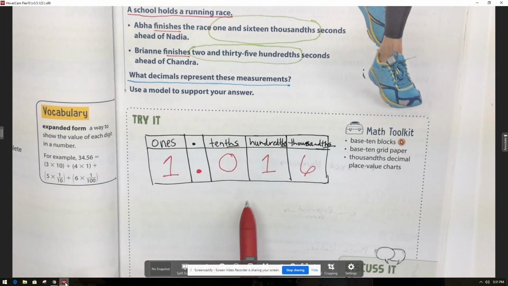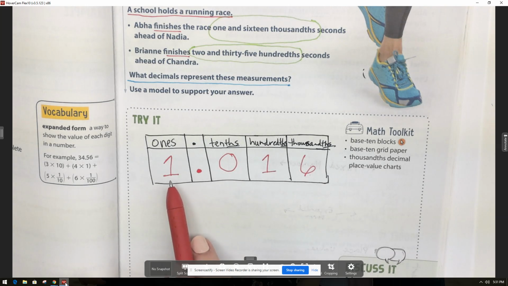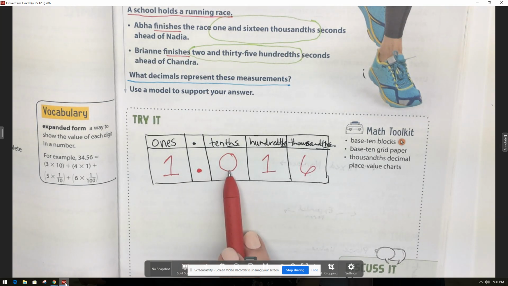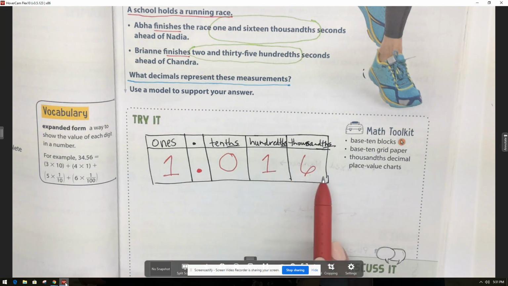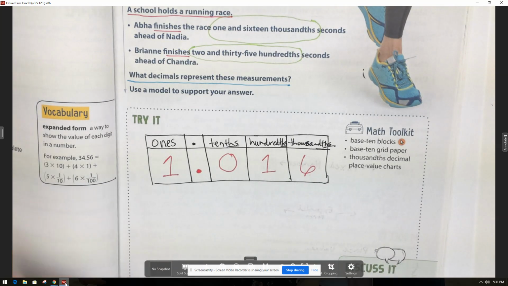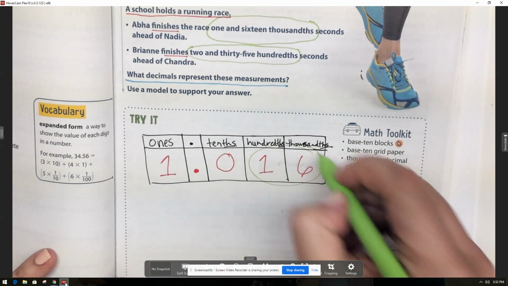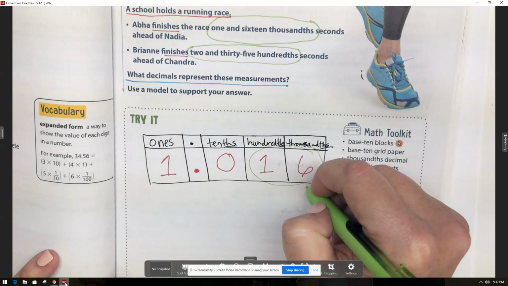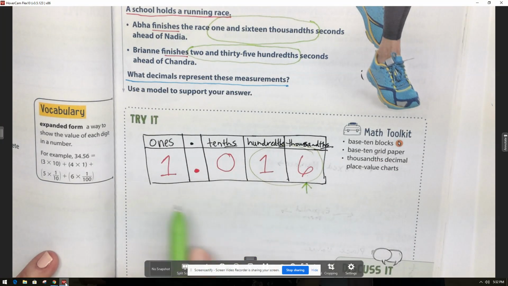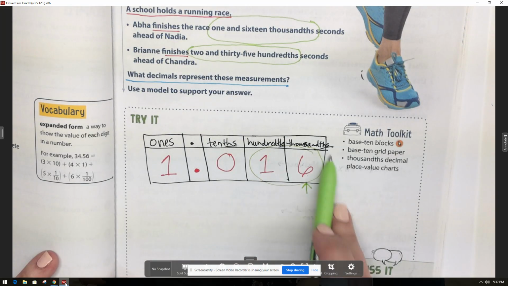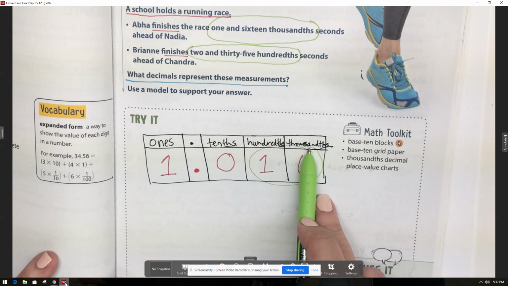Now we're going to check it out and see what it says. 1 and 0 tenths, 1 hundredth, and 6 thousandths. When we think of this as a whole, we think of that as 16, and then our least place value is thousandths. So 1 and 16 thousandths.